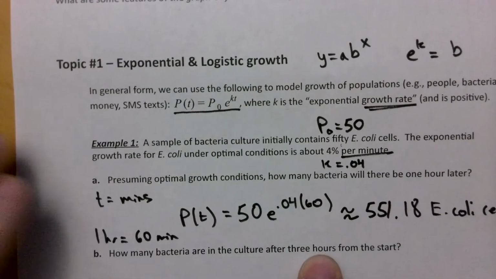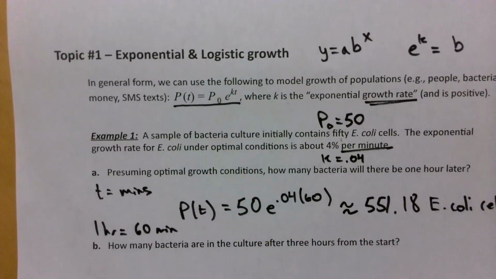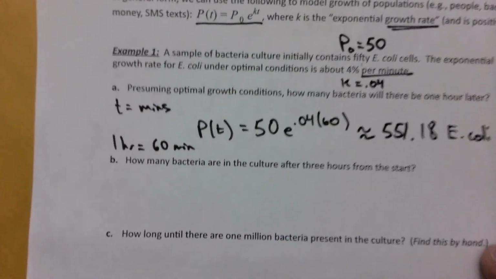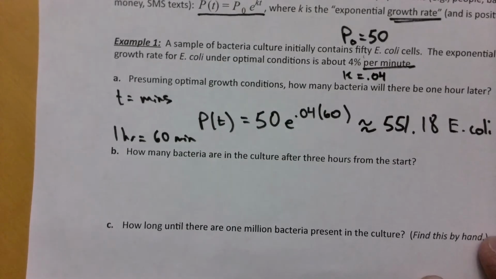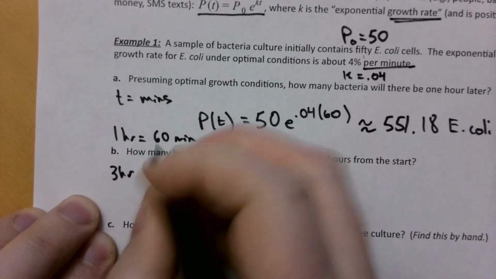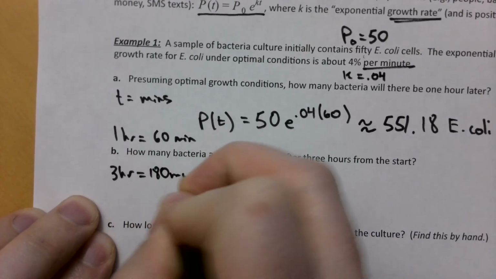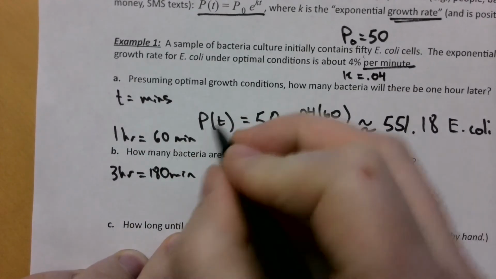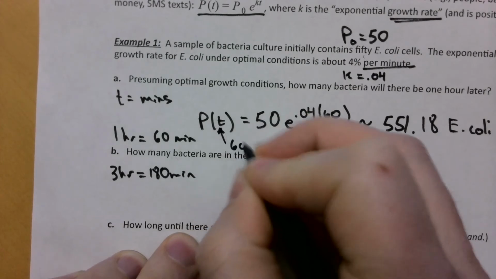So then we're saying, well, how about after 3 hours? Now we just have to recognize how many minutes is 3 hours. So if 1 hour was 60, 3 hours would be 3 times 60, which is 180 minutes. Same equation. By the way, technically right here, I should have put P of 60.